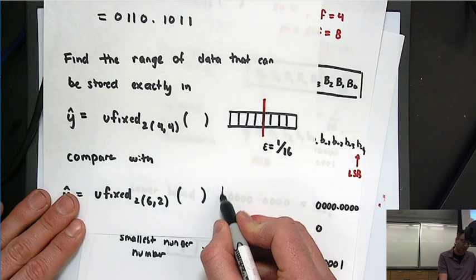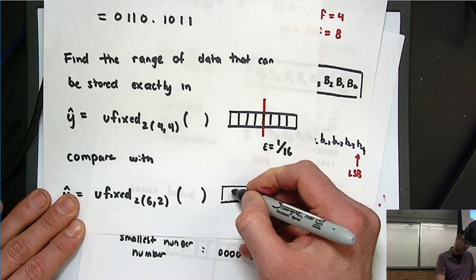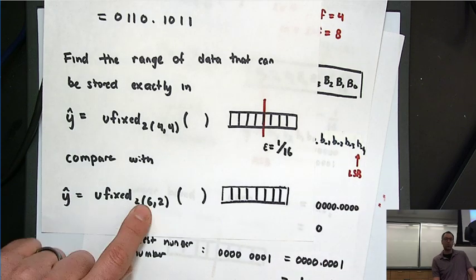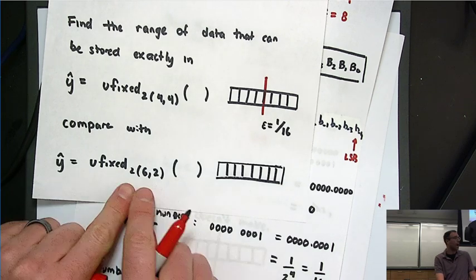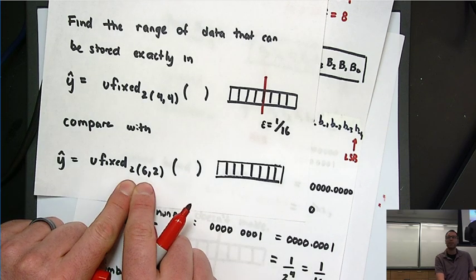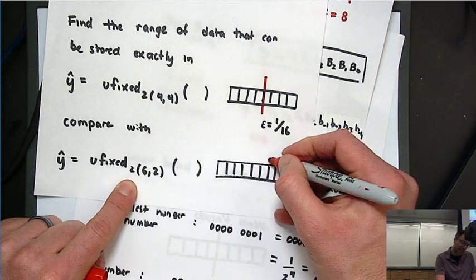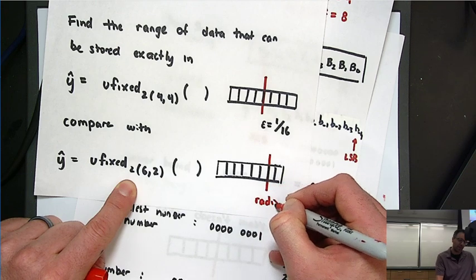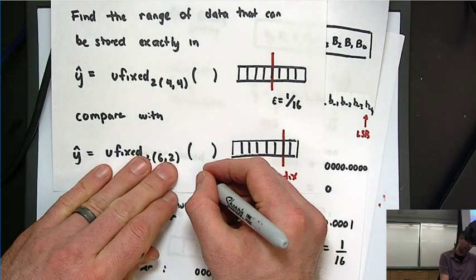What happens here? 1, 2, 3, 4, 5, 6, 7. Where's this radix stuck? How many leading bits? How many trailing bits? 6 leading bits. 1, 2, 3, 4, 5, 6. Here's my radix point. What do you know about the absolute smallest number that can be stored there?